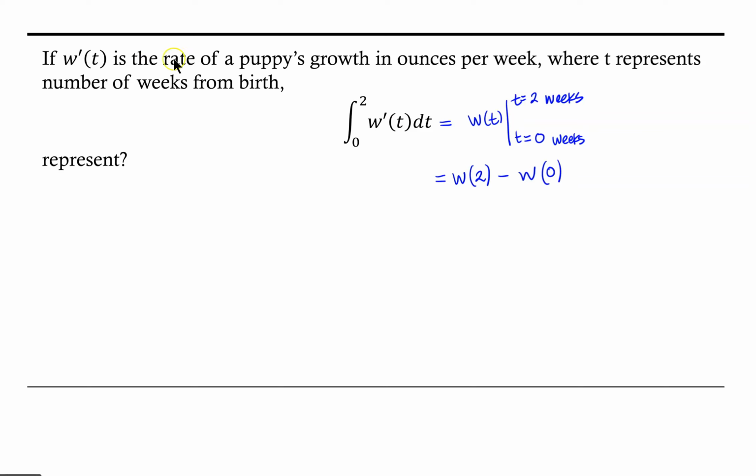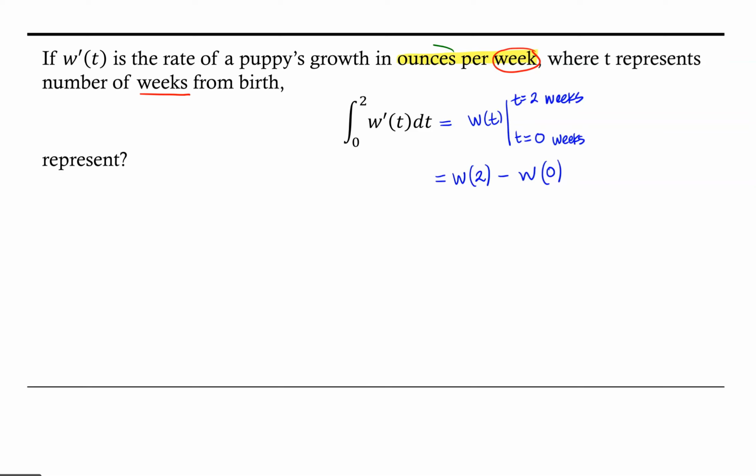Now, notice that our rate was given to us in ounces per week. So the units of measure were clearly defined in terms of weeks. But what are the units of measure for W?